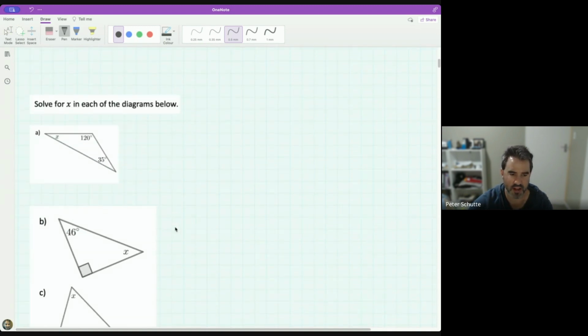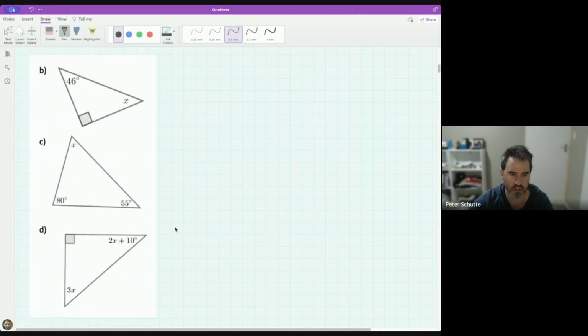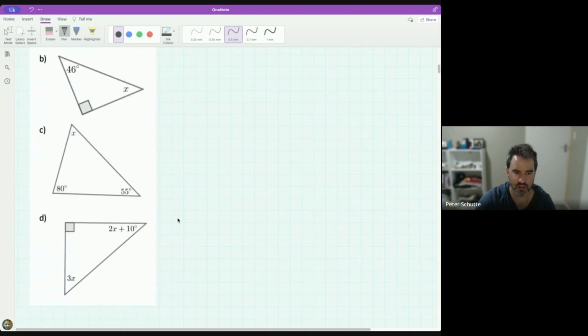Okay, so let's get going with some basic questions where we have to solve for angles and solve for sides. Let's go to this question over here. I want you to find me the size of angle X, and that's in question C. Let's just see if you can do that. I know it's pretty straightforward, but let's just check.